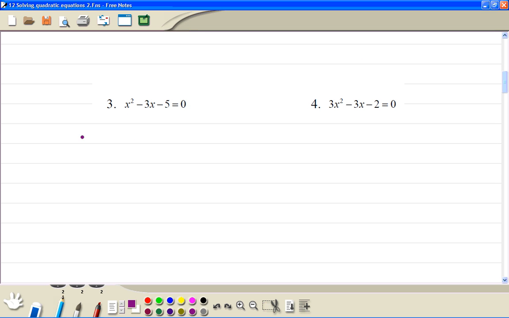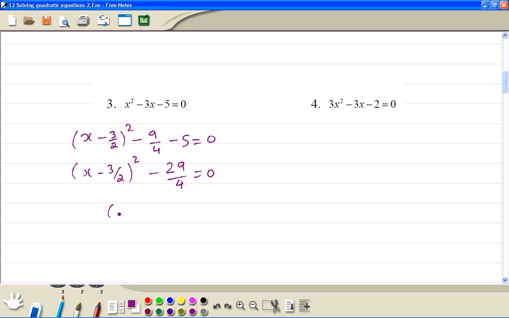So we complete the square, so it's x minus half of 3, minus 3 over 2 all squared, minus 9 over 4, minus 5 equal to 0. Simplify it. So this gives us minus 29 over 4.